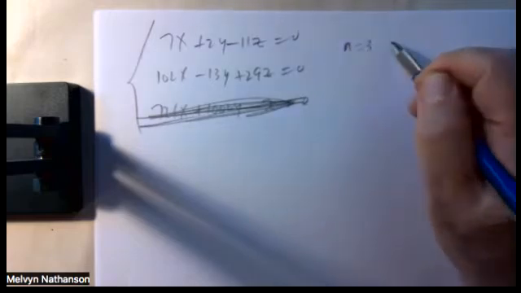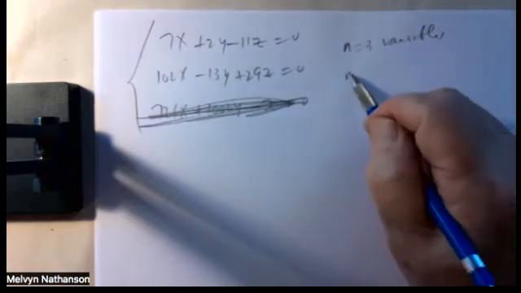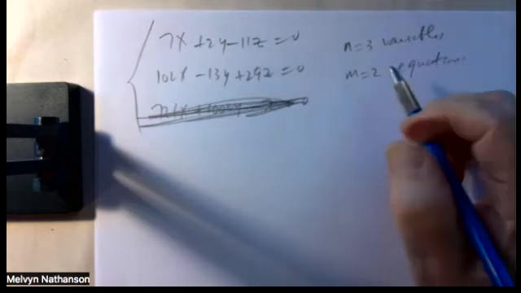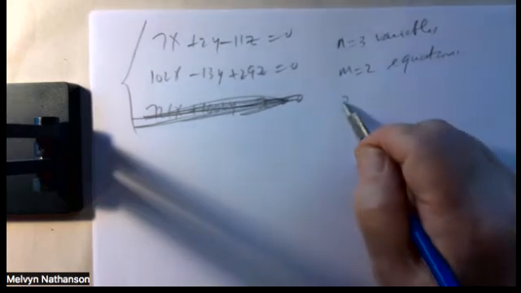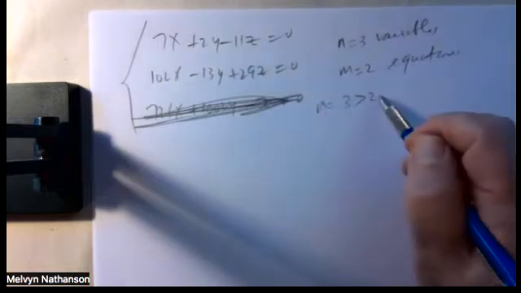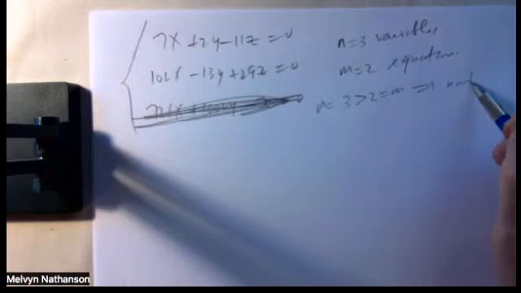Here I have n equals 3 variables, m equals 2 equations, and 3 is bigger than 2. That means the number of variables is bigger than the number of equations. So there's a non-trivial solution.